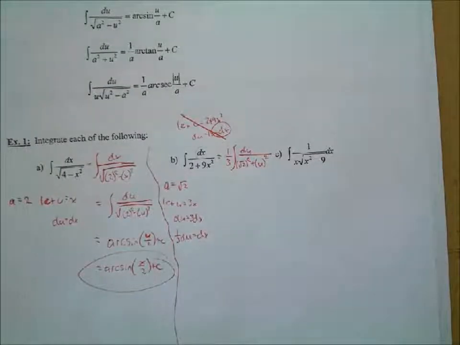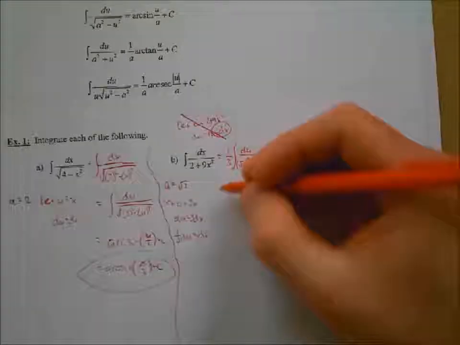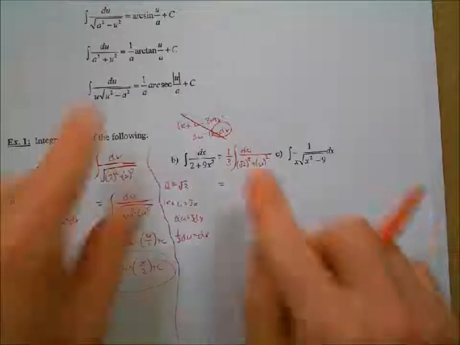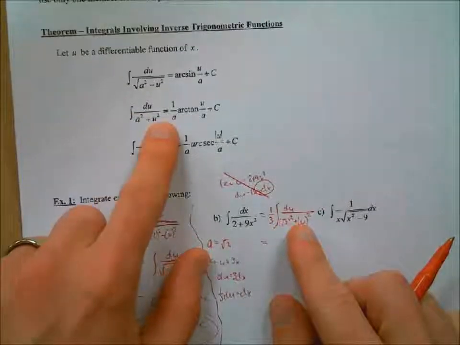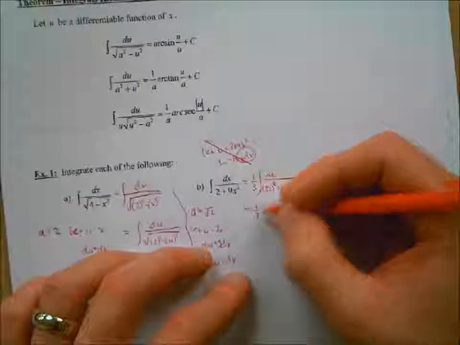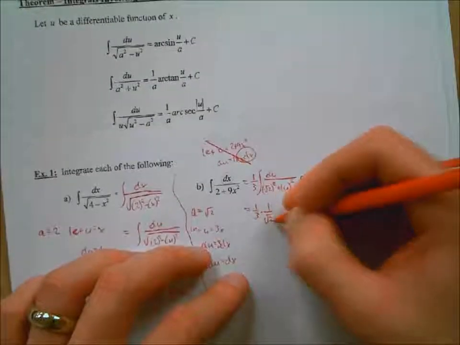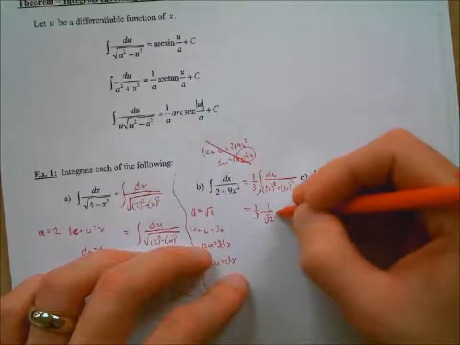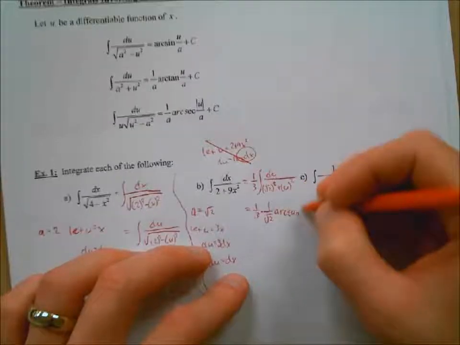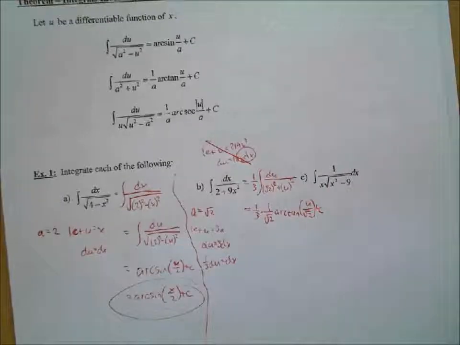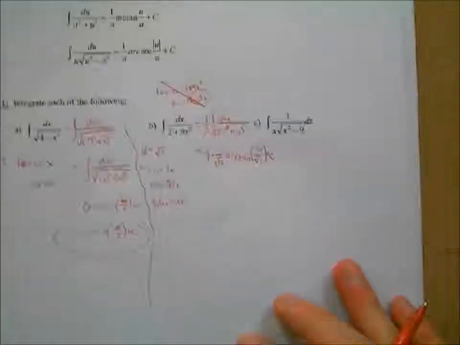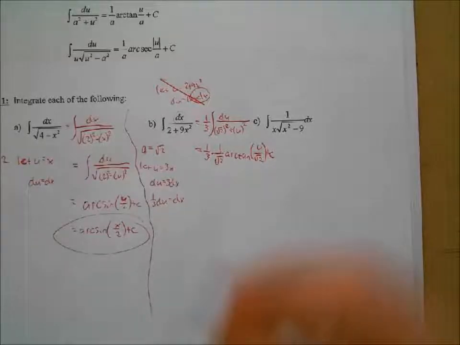Again, just for our purposes here, we're just learning this stuff, it's helpful to write it out like that. This is arctangent, right? It matches up. There's our a squared right there, there's our u squared, and so it's 1/a arctan u over a. So 1/3 from the integral times 1 over the square root of 2 for the 1/a part, arctangent of u over the square root of 2 plus c, which we can simplify some here.